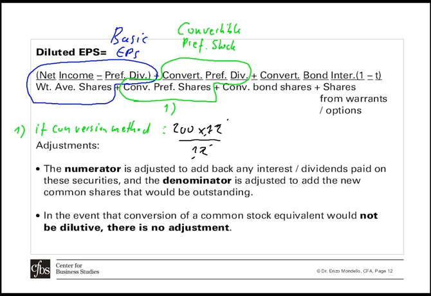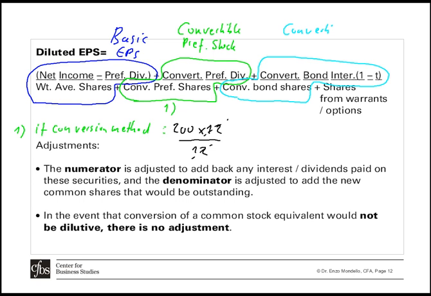Then the second potentially dilutive security, which is included in the curriculum readings, is the convertible bond. If you're looking at convertible bonds, I can take this marker here to show you the inclusion of the convertible bond.